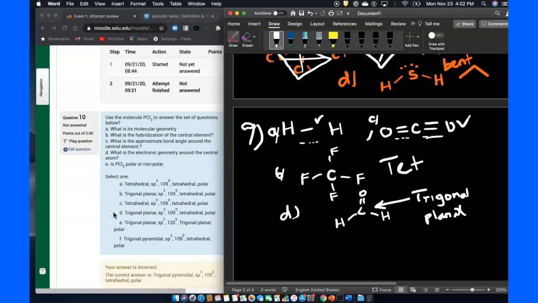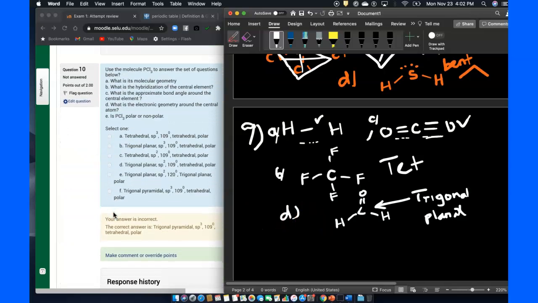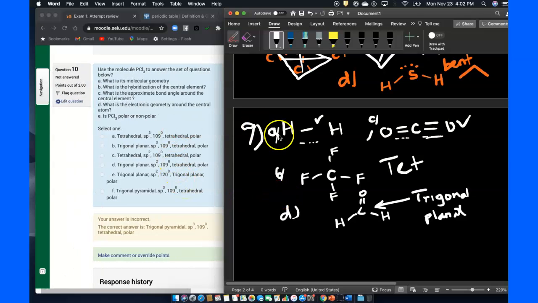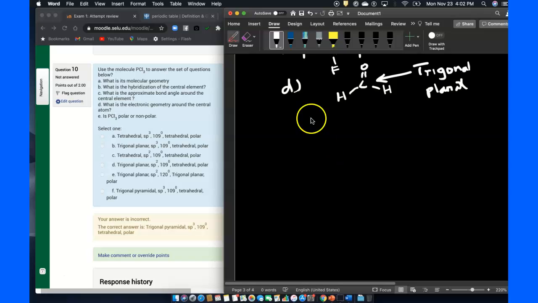So let's do number 10. Consider the molecule PCl3 to answer the questions below. What is the molecular geometry? It's simple. You should write its Lewis structure to answer the question.